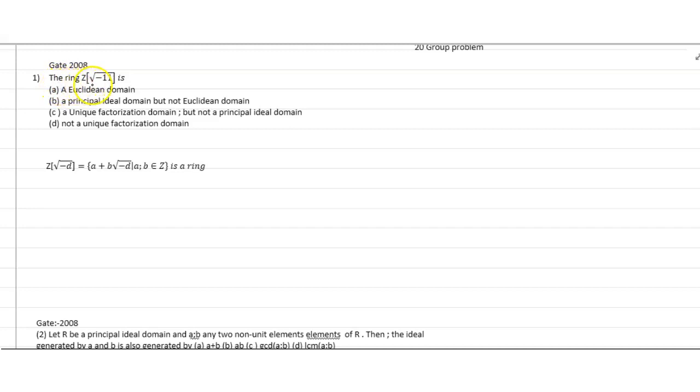Is the ring Z[√-11] a Euclidean domain, a principal ideal domain but not a Euclidean domain, or a unique factorization domain but not a principal ideal domain, or not a unique factorization domain? So friends, the problem is Z[√d], a + b√d, is a ring.